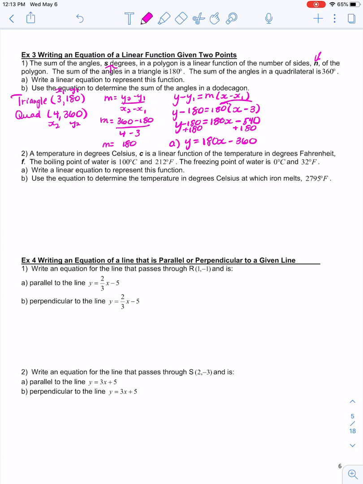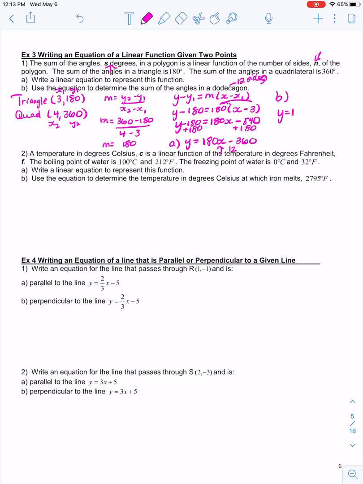So this is A. And then B, write the equation to determine the sum of the angles in a dodecagon. This is a polygon with 12 sides. So all I need to do is replace x with 12 because x is representing the number of sides.